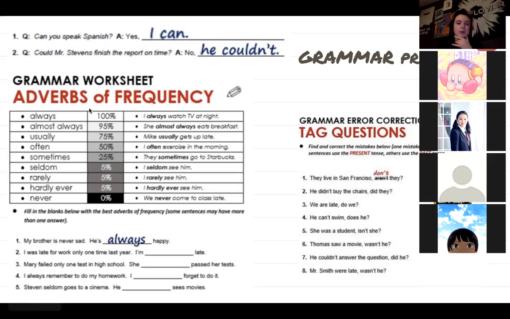And then this one, adverbs of frequency. Here it even has a chart of adverbs of frequency, and the actual worksheet is down here. It says, my brother is never sad, he is always happy. So it's a statement, and it gives you context clues for what adverb of frequency you can put in there. And then this last one, grammar error correction.